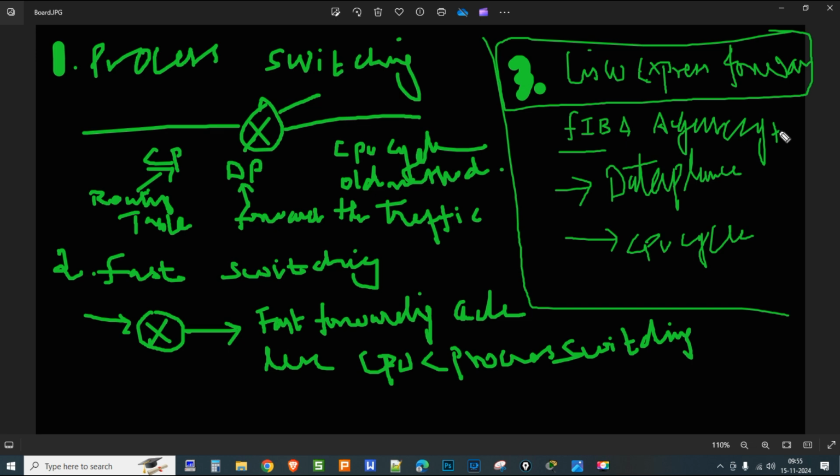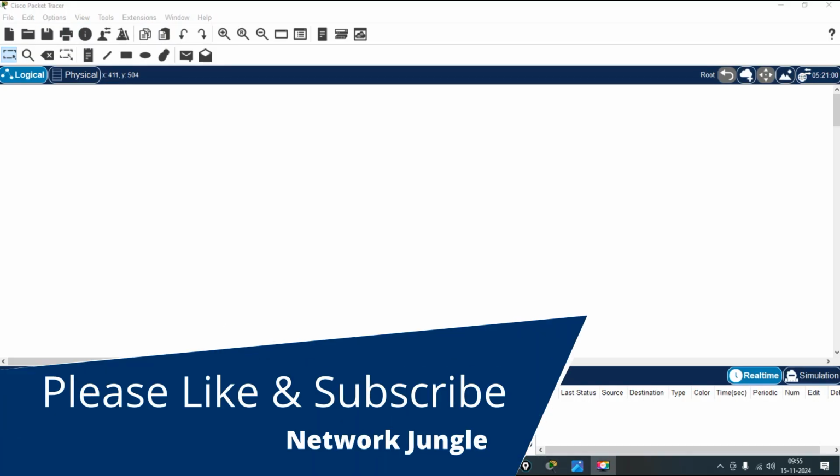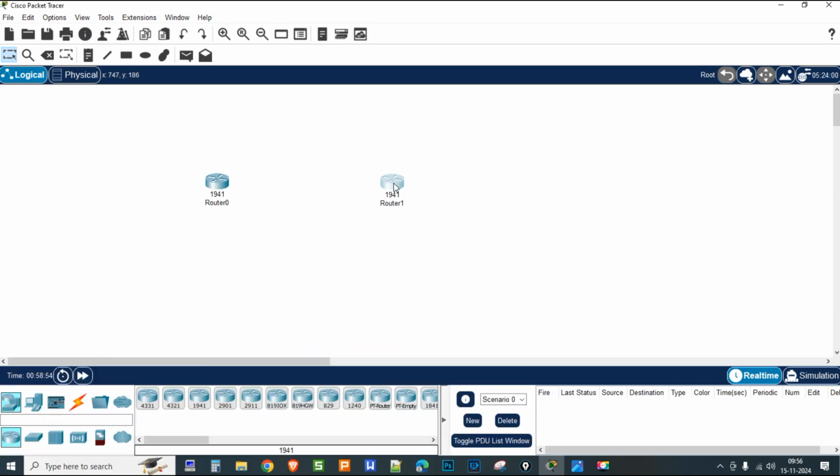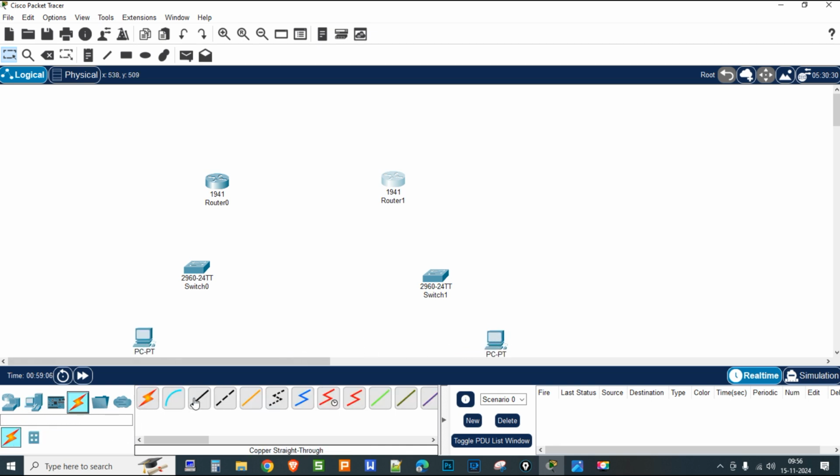Now we go to the configuration to verify the routes. Here I need to take two routers and two switches. For different devices, I need to connect a straight-through cable.